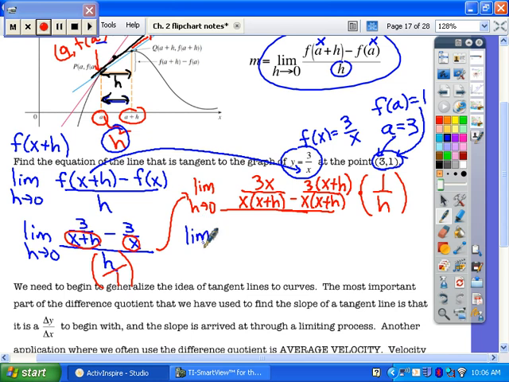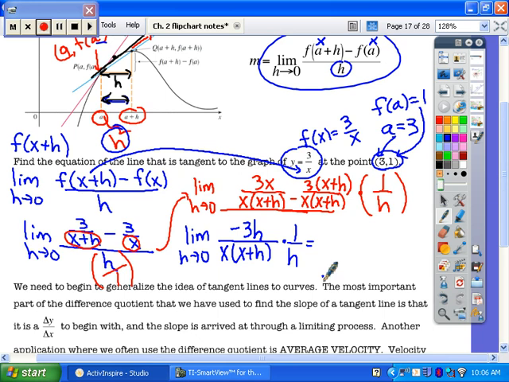I'm going to take the limit as h approaches 0. I'm going to put these together then. And the 3x minus 3x disappears, because 3x minus 3x is 0. I still do have a negative 3h on the top times 1 over h.